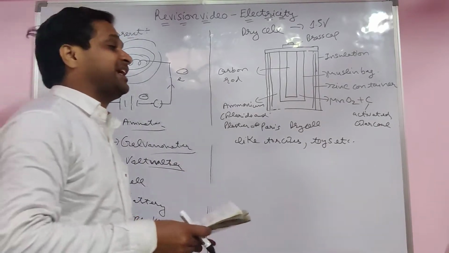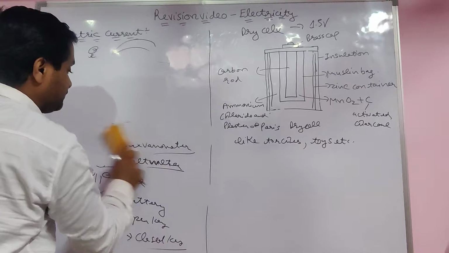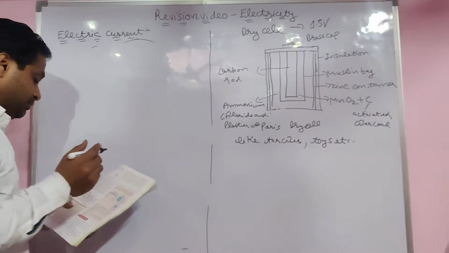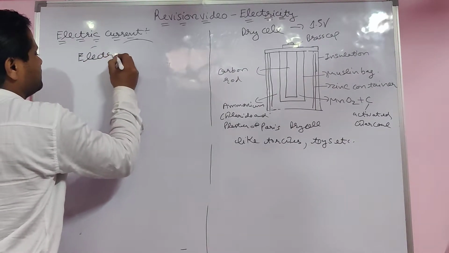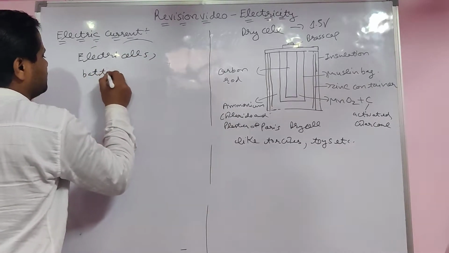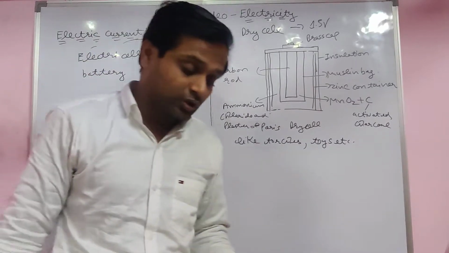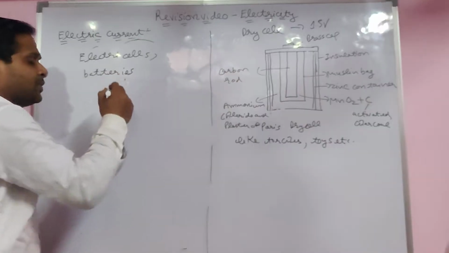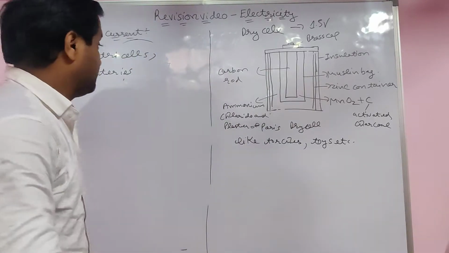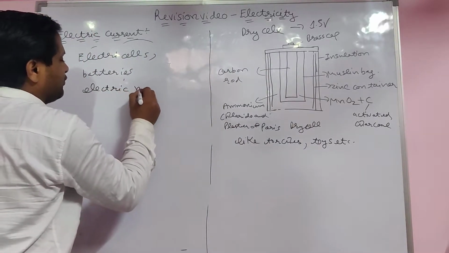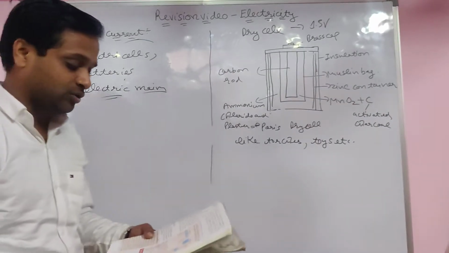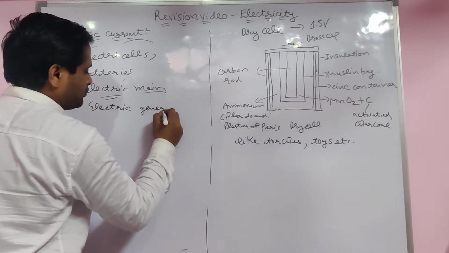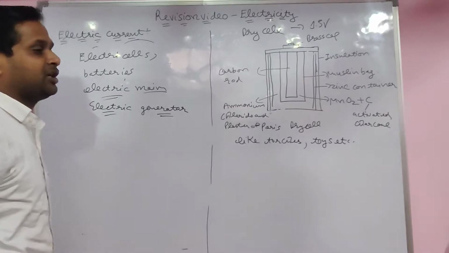I already explained the definition of electric current. Now we see the sources of electricity. What are the sources of electricity? There are several: electric cell, battery, electric mains, from where the full electricity will come, and the electric generator, which produces electricity in a thermal power plant.